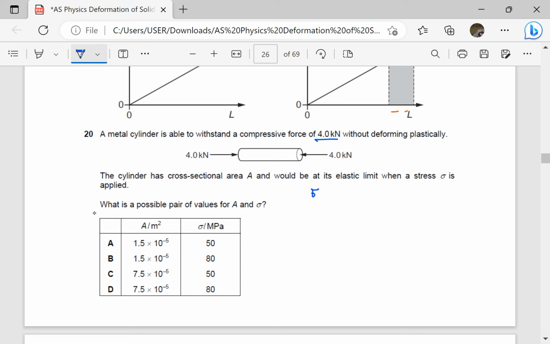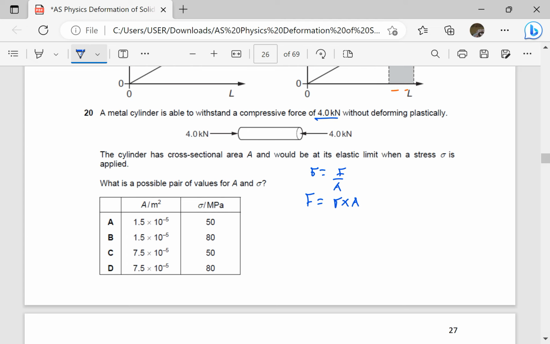We know that stress is equal to force over area. So that means the force is going to be equal to the stress times the cross-sectional area. And this force here can be slightly greater than 4 kilonewtons.